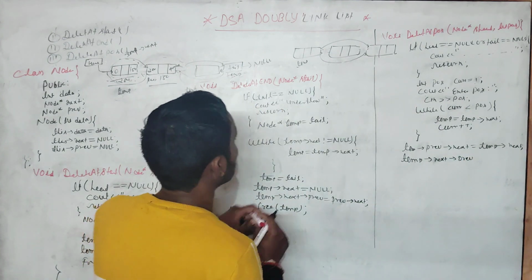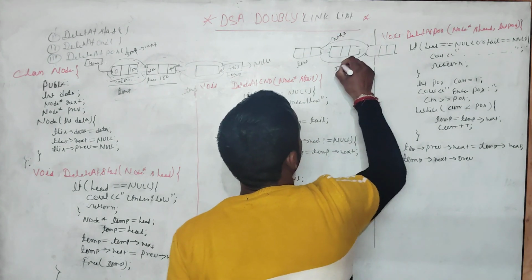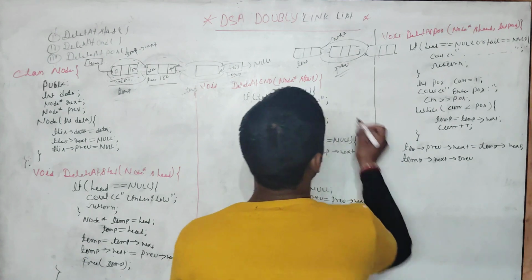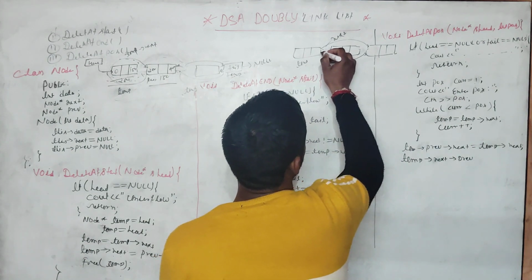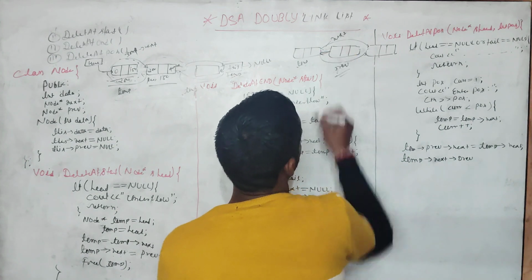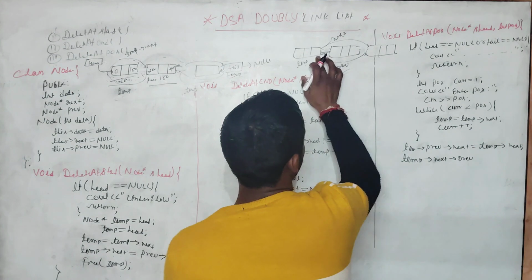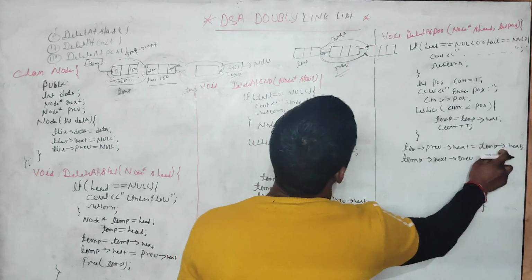Firstly, see what we will do here. Suppose this is the next node, this is the previous node. Temp of previous will denote the next, means temp of next.